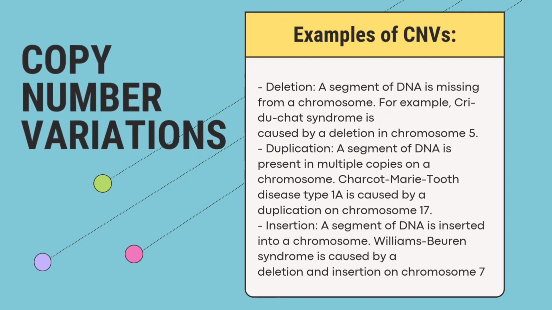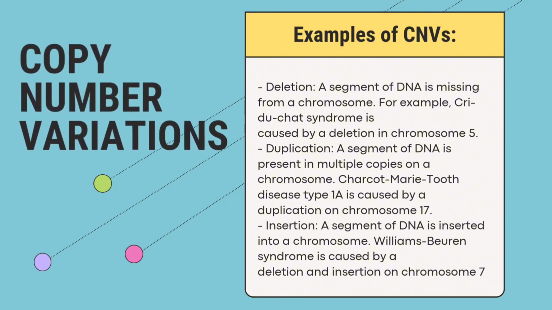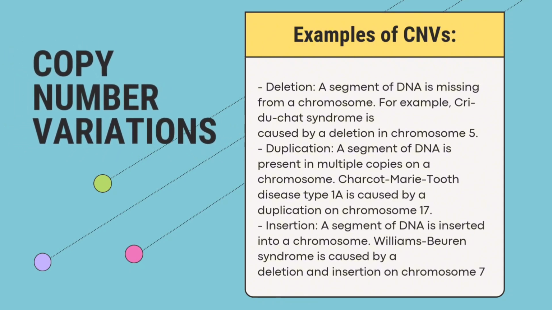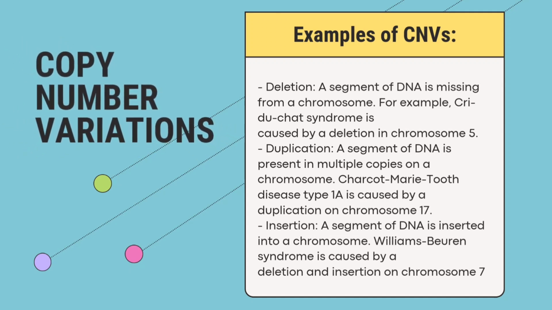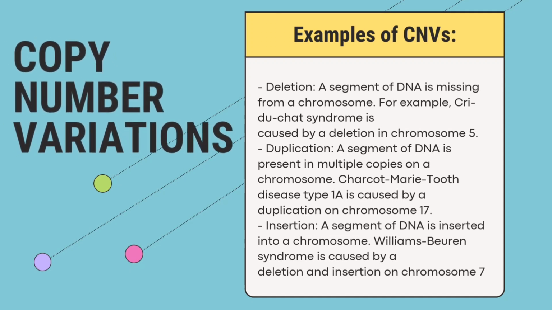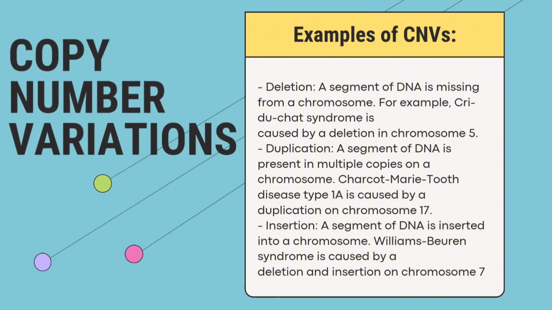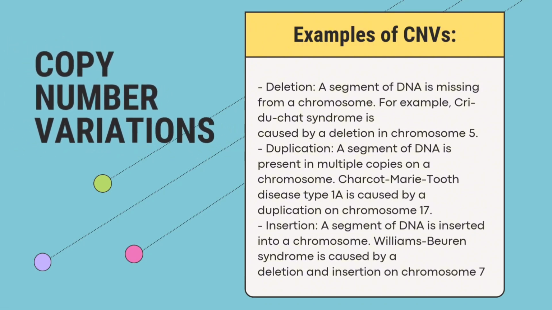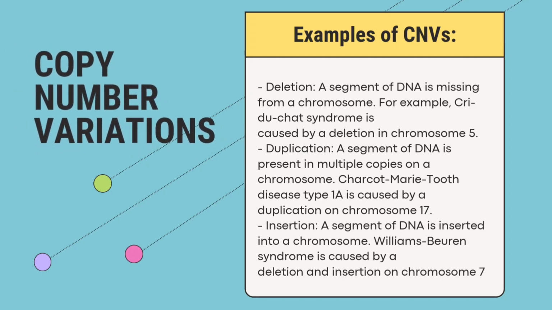Moving on to detection of CNVs. Detection of copy number variation can be done using various techniques. First, chromosomal microarray analysis. This technique is used to scan the entire genome for CNVs. The next one is fluorescence in situ hybridization, also known as FISH for short.